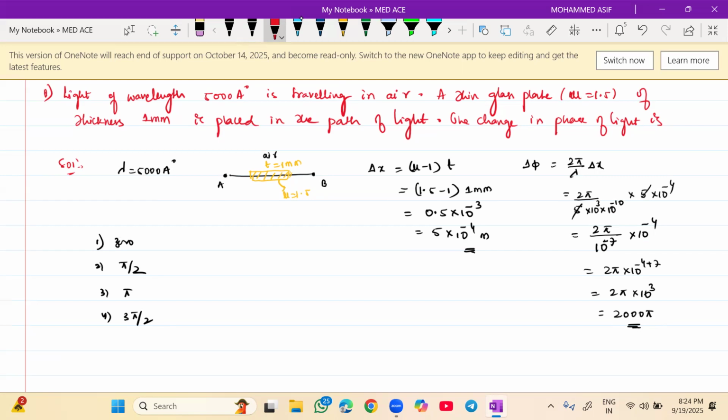Phase difference is how much for me? 2000 pi. There is no difference in that one, so it will be equal to 0. Isn't it? If it was in fractions, then you would have tried to calculate the value for that given condition. If it is 2 pi, 3 pi, 4 pi, that means it is forming exactly at your central maximum. Am I clear?